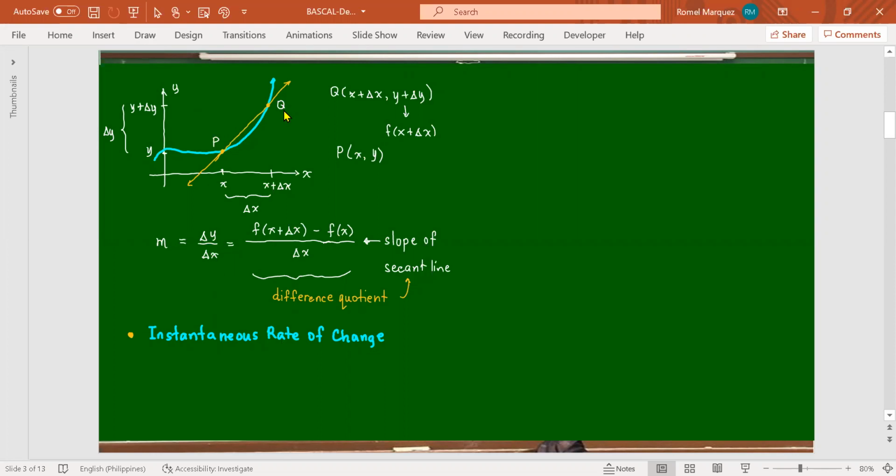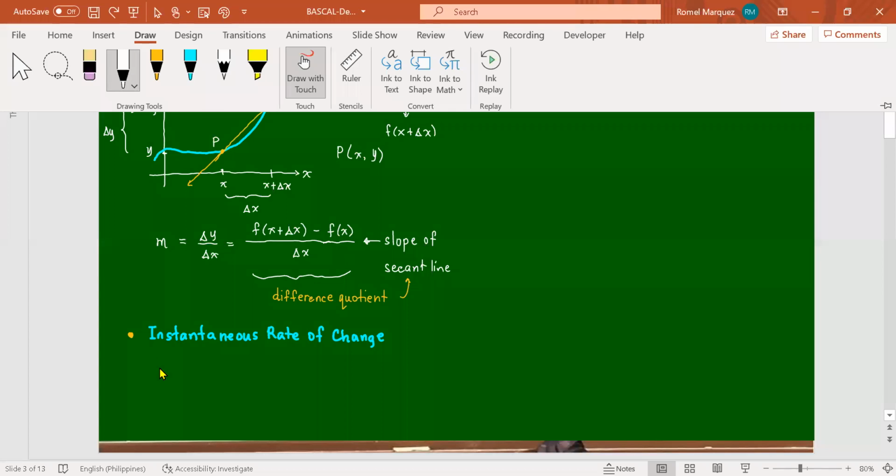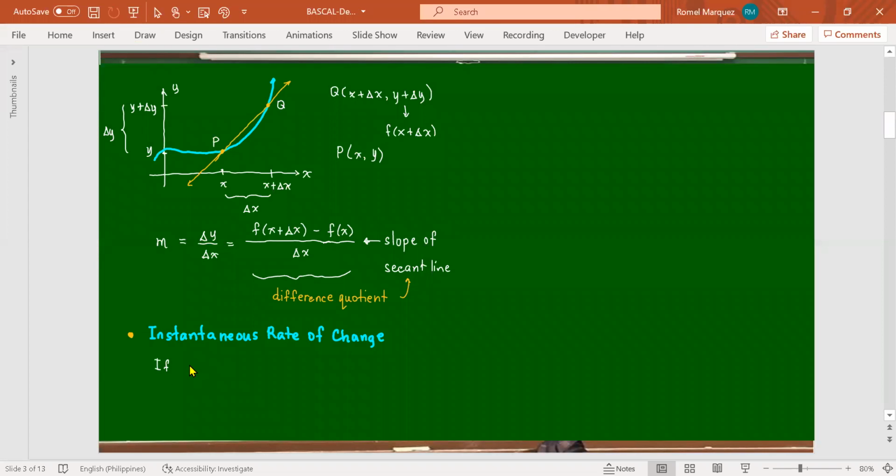If Q moves towards P, what will happen to the secant line?